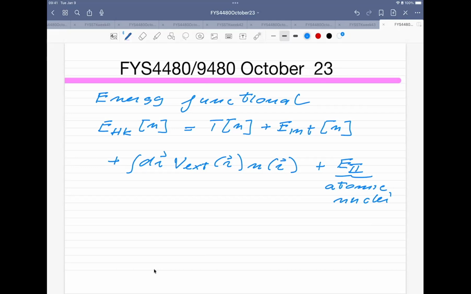Let me quickly remind you also of the definition of this quantity n of r. So we have singled out one of the particles. In principle, this will be particle 1, but we have integrated away all the other ones, r2. And again, I'm skipping the spin degrees of freedom because in principle here, there is a summation as well over the spin degrees of freedom.